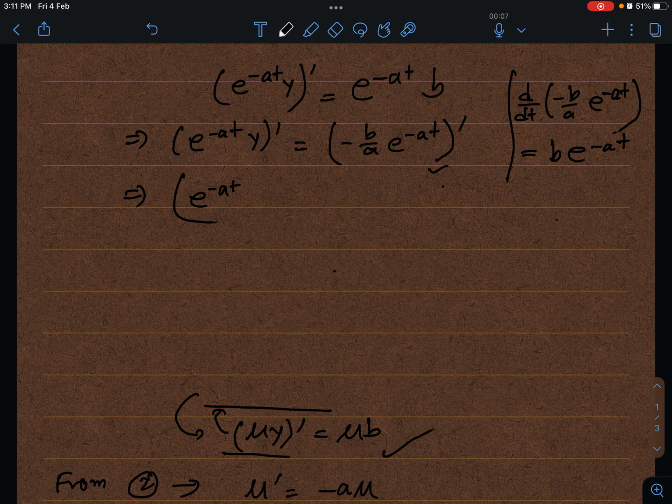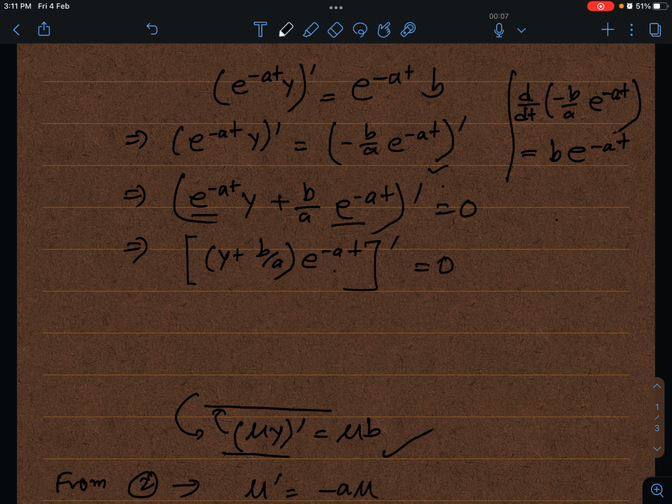So we have this, and we can write it like this equals to 0, because we have brought the right hand side to the left hand side. Now we have another common thing, e to the power minus at. So this can also be written as y plus b by a e to the power minus at whole prime equals to 0.